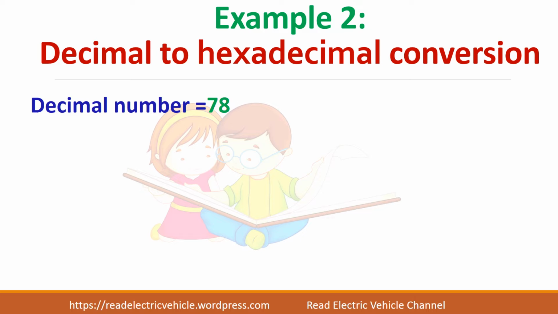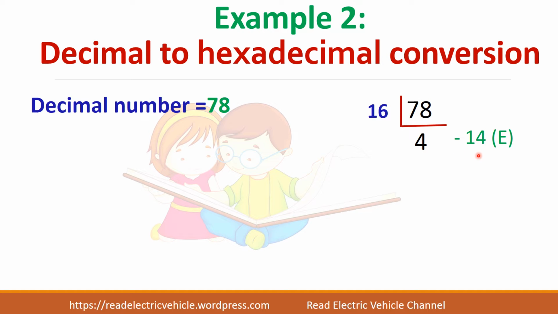Let us consider another example. The decimal number is 78. To convert decimal to any other number system, we have to divide by the base of that number. For hexadecimal, the base is 16. So let us divide 78 by 16. The quotient we are getting is 4 and the remainder is 14.